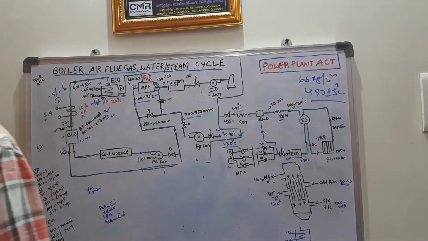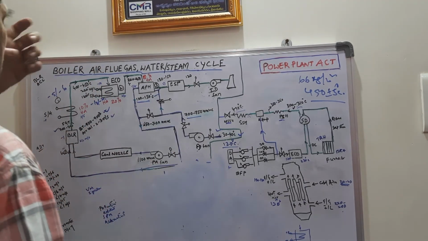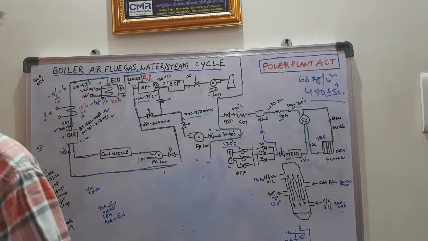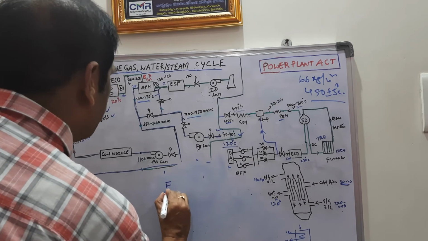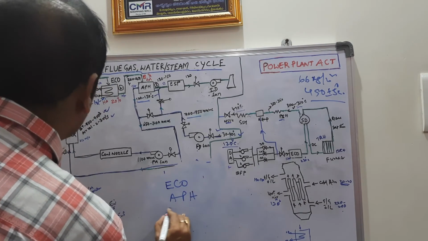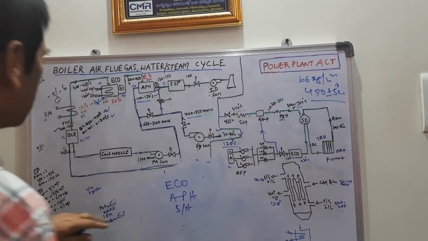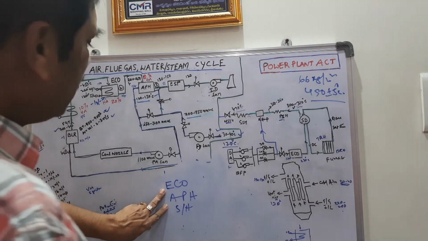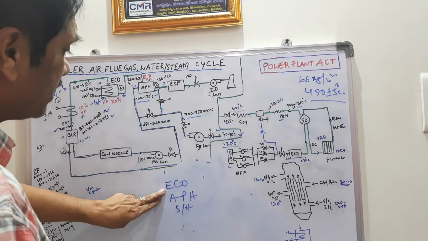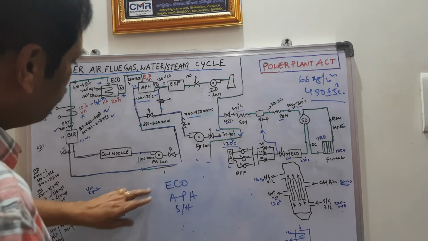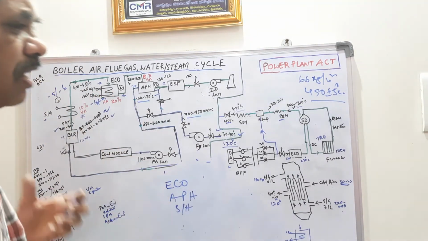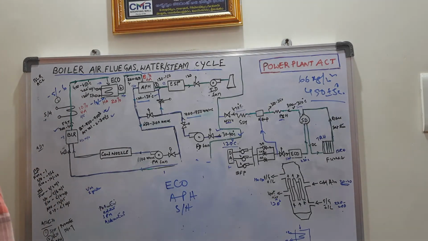Now I am going to share an important thing: the economizer, air preheater and superheater are called accessories of the boiler. The function of these accessories is to increase the overall efficiency of the boiler.